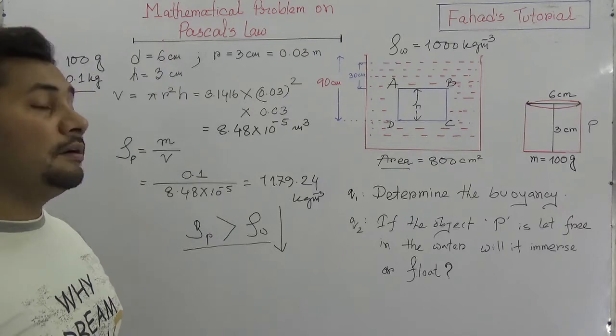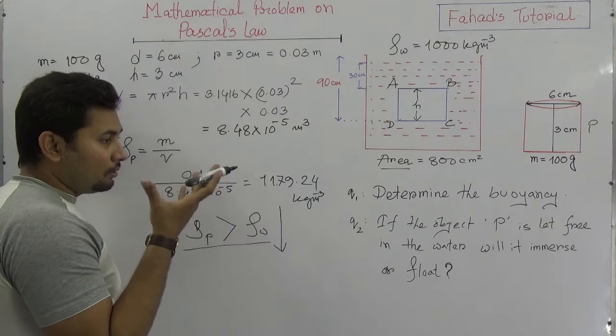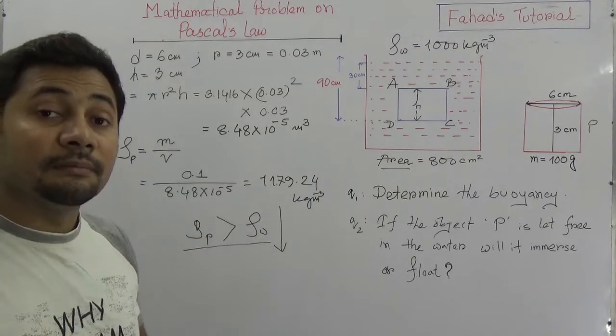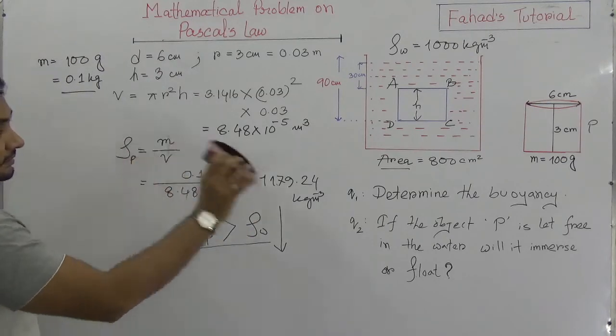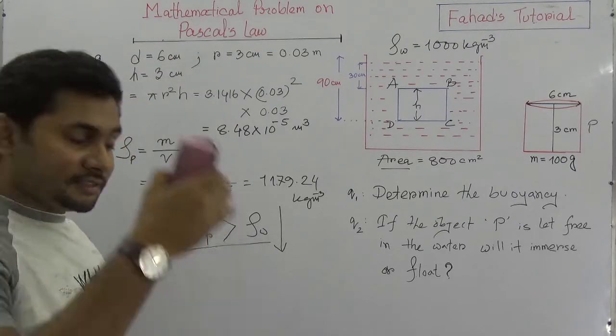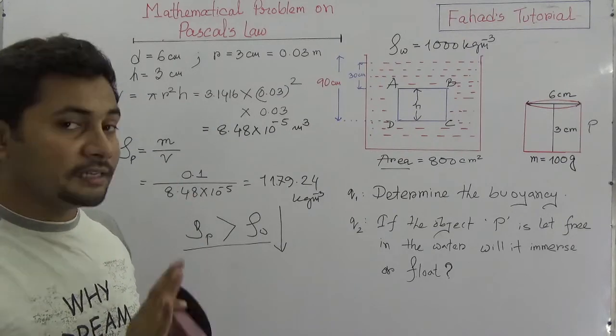Or in this case we can think in another way, the buoyancy. So at first we have the understanding that if you give the answer that it will sink into the water because the density of this object is higher than the density of water, that is okay.